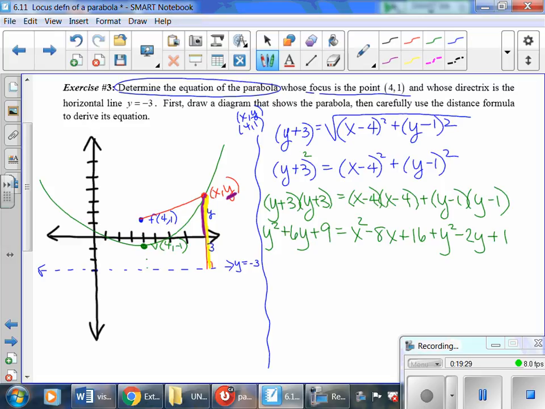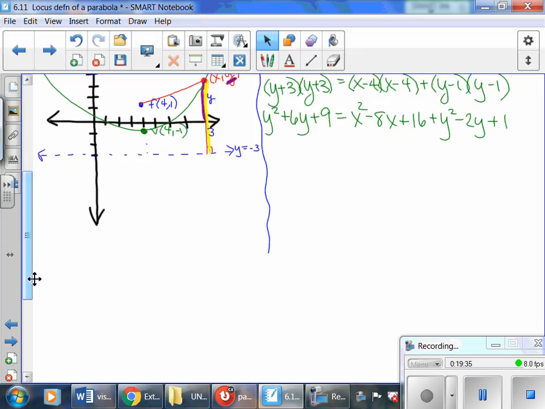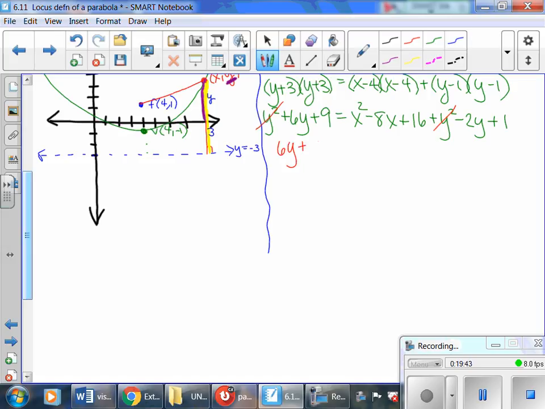Just making sure my numbers look right, which they do. All right, so let's do some canceling and combining and flipping. And so the y squared terms go out. They're on both sides. So I have 6y plus 9 is equal to x squared minus 8x. And now we can combine some like terms here.